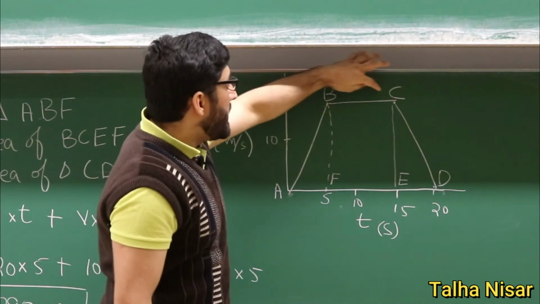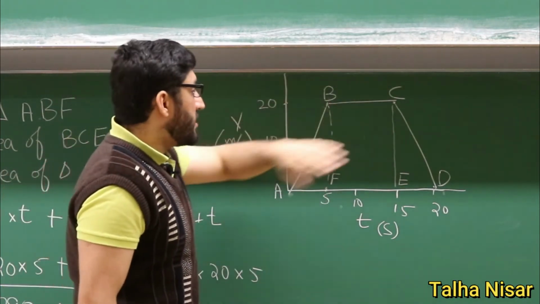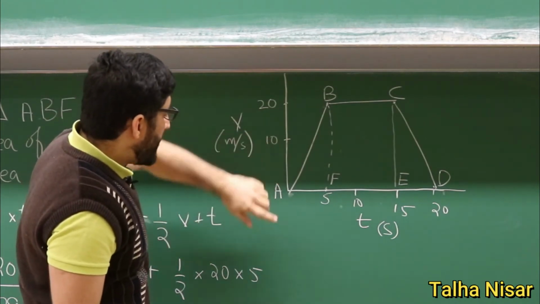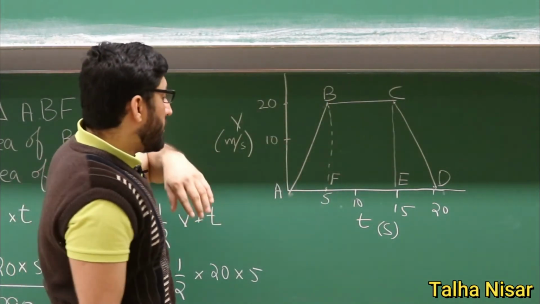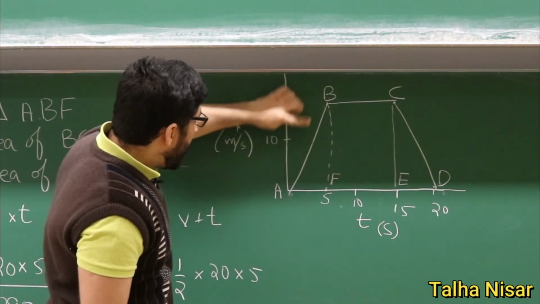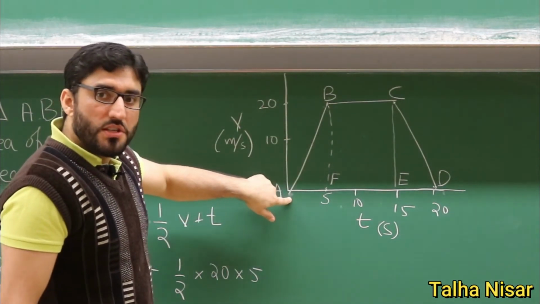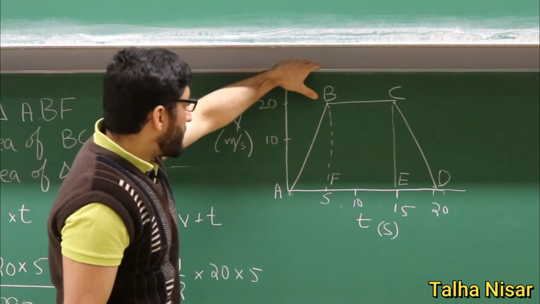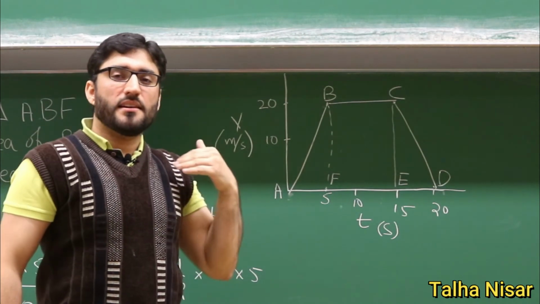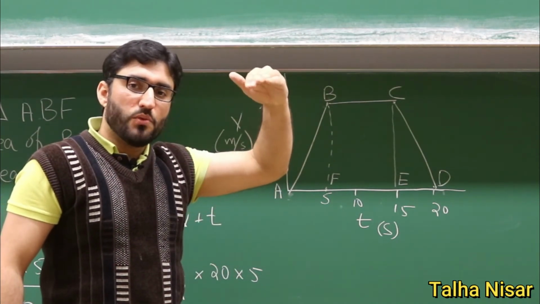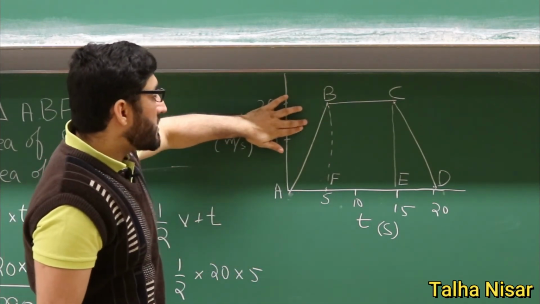So between B and C, for these 10 seconds, the acceleration is 0 because the velocity remains constant. Between points A and B, for these 5 seconds, initially the velocity was 0 meters per second, and after 5 seconds the velocity is 20 meters per second. The velocity increased, which means there is a positive acceleration.